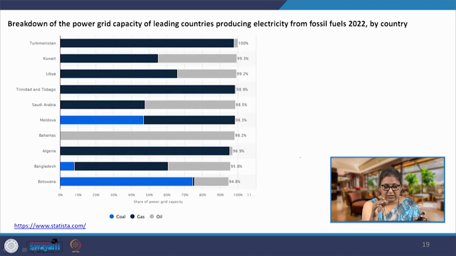If we look at the top 10 countries which are producing electricity from fossil fuels, we see that the electricity is still being produced largely using coal, gas and oil.